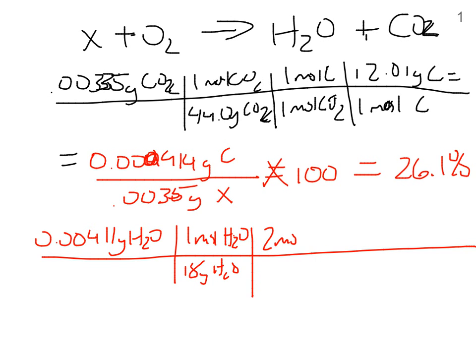Now, for every water molecule, we have 2 moles of hydrogen, right? It's H2O. So that gives us a 2 for our mole ratio here. That's one big difference from the first step. And then the molar mass of hydrogen.